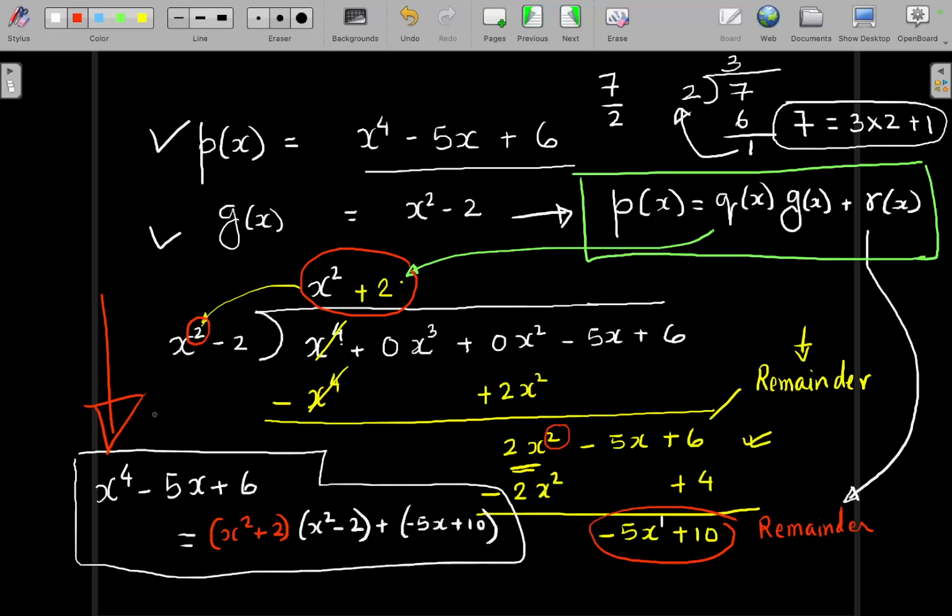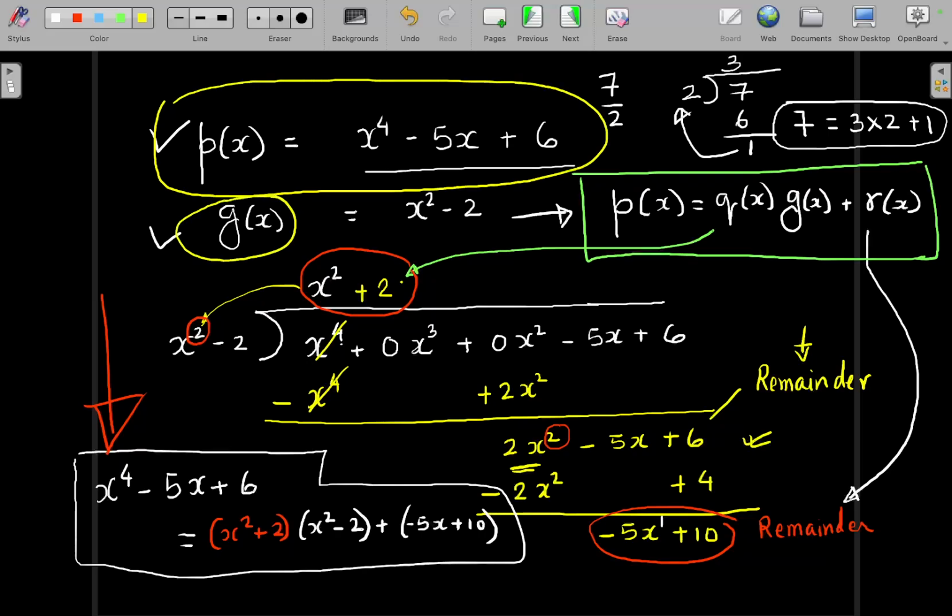But this time, this example is a very special case, and I'll tell you what the special case is. Maybe I'll take the same p of x, but this time I'll take g of x not as x square minus 2. I'll just take it as x plus 1, let's say.